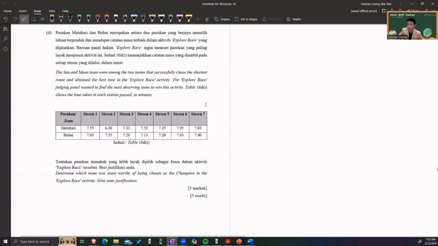Okay, so I want to determine, I want to give justification. So I want to calculate. So first, let's find the mean. Okay, mean for Matahari team.